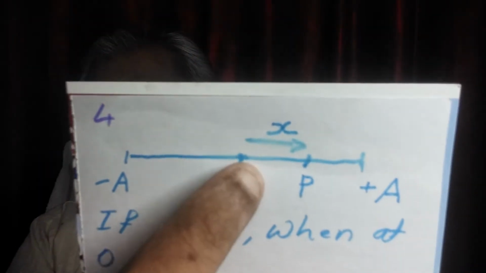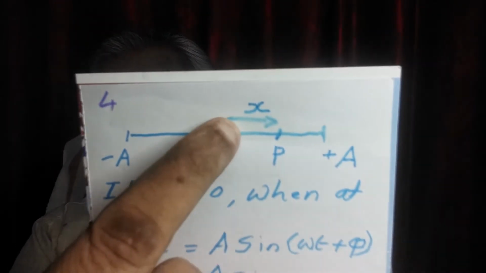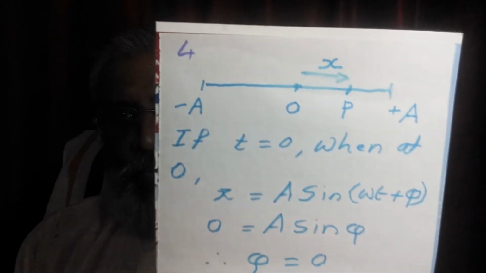The value of epoch depends on the position of the oscillator at the start of your timing. That means when you switch on the stop clock, where is that oscillator? That is the question. Suppose the oscillator is at its mean position when you start the stopwatch.